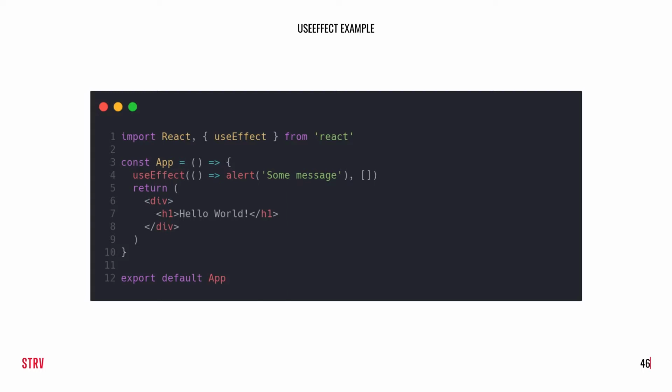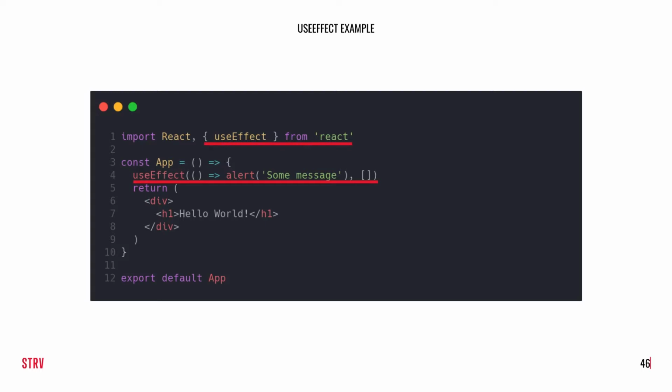Another really widely used hook is useEffect. This hook is intended to be used for handling side effects. It has a different API than useState. Again, you need to import it. Then you have this function that doesn't return anything, and it has two arguments.